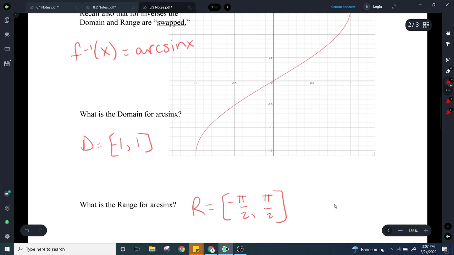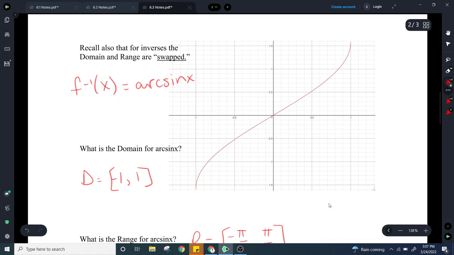Looking at the graph, the lowest y value, literally where the graph just stops, would be at negative pi over 2. The highest y value up here would be at positive pi over 2, and that's your range. Your domain goes from -1 to +1 because literally everything is reversed, okay?